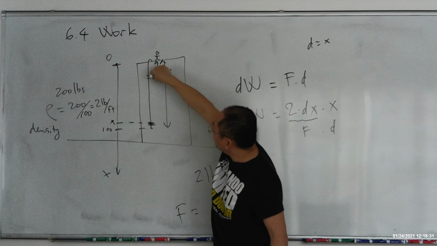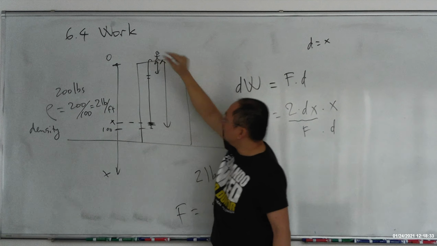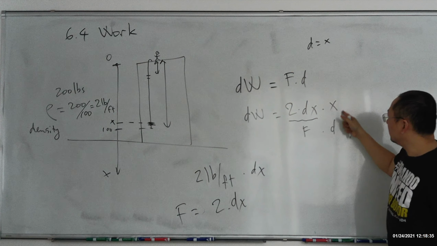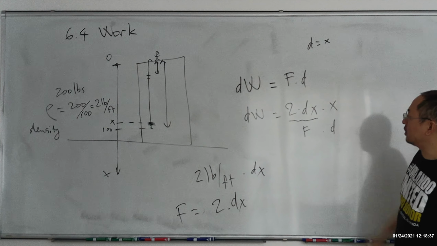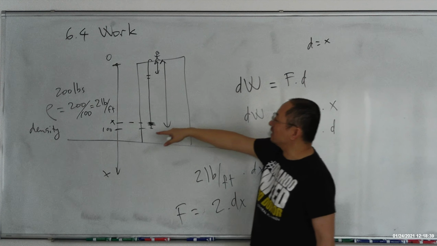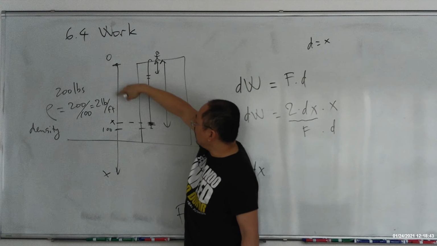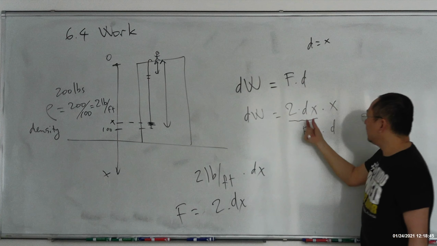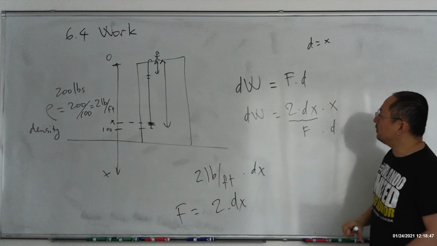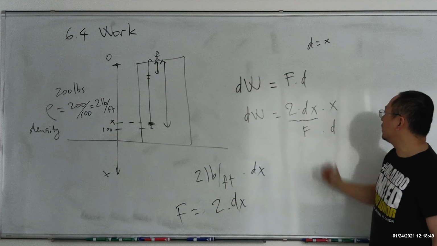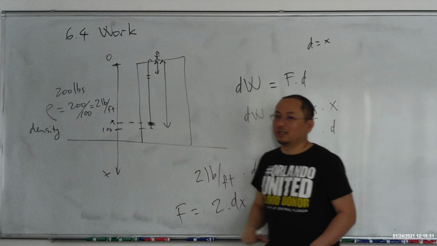A piece of the cable closer to the top, then the distance is going to be shorter. So x is going to change. I can do the integral from 0 to 100 because the distance is going to vary from 0 to 100. And the force needed to bring that up, the weight, is 2 times dx because the density is the same.